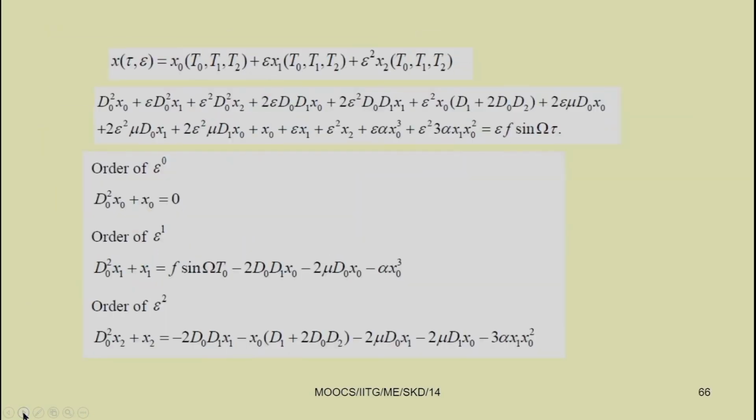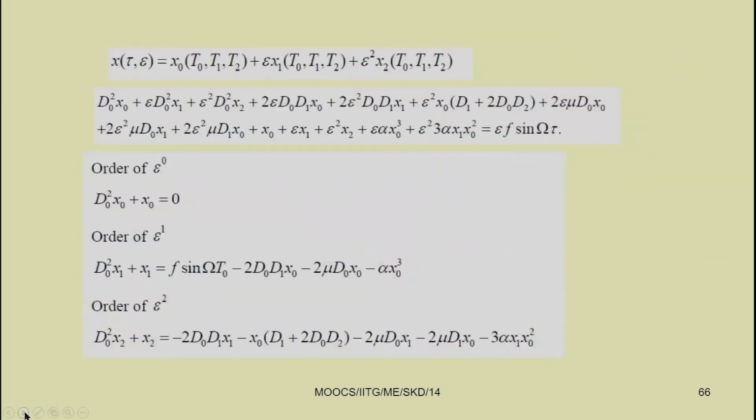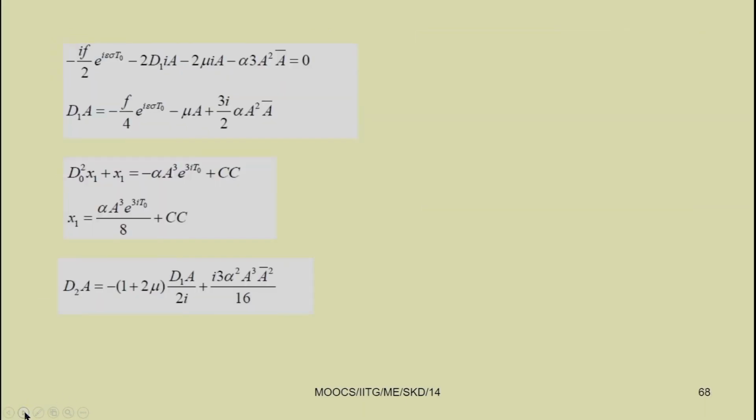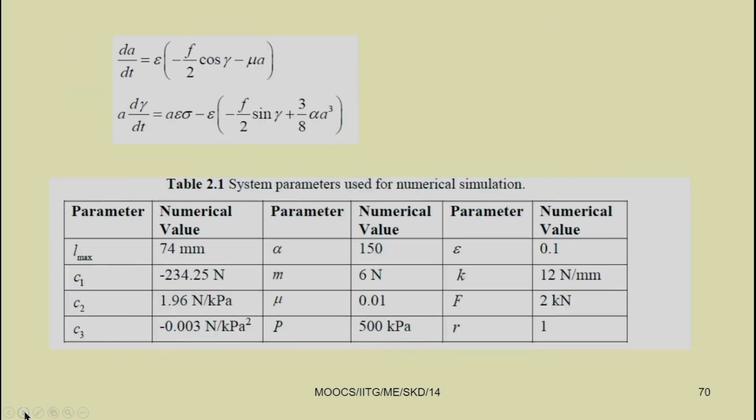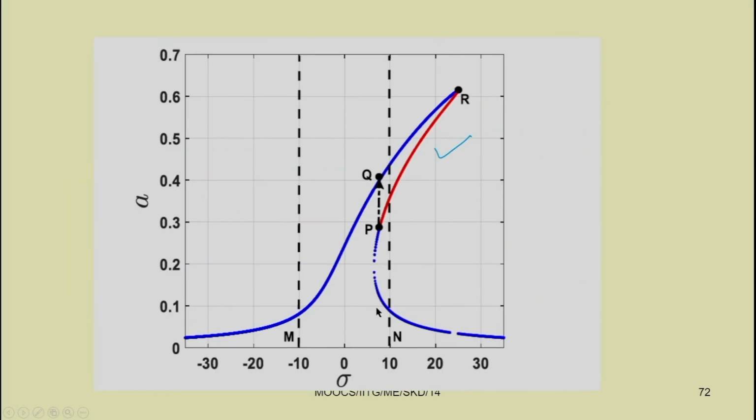Last time, we took a system with an artificial muscle, which reduces to the Duffing equation, and we took these resonance conditions. In this case we have a bistable solution. In the bistable case, we have two stable solutions and one unstable solution.